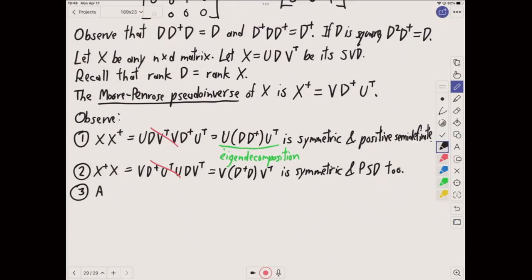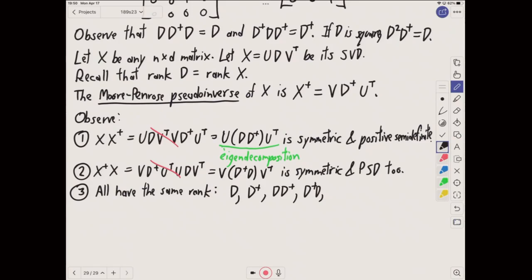A third thing we can see is that there are a bunch of matrices that all have the same rank. So it should be pretty obvious that D and its pseudo-inverse have the same rank, the same number of non-zeros on the diagonal, and that when we multiply them together as D times D pseudo-inverse or D pseudo-inverse times D, they still have the same rank.